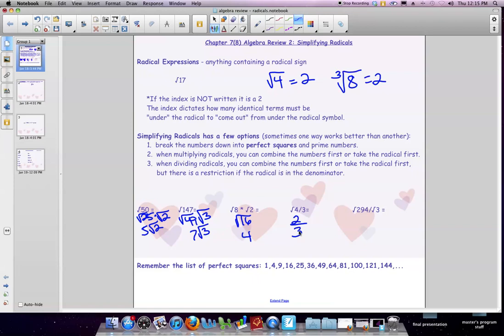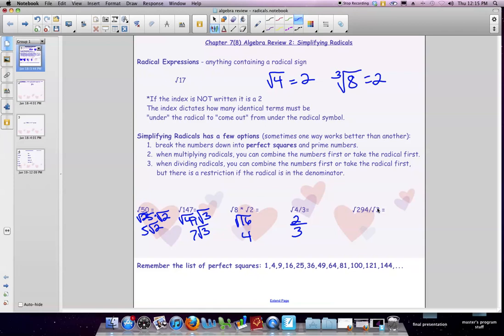That would be as simplified as it can get. But in this case, I wouldn't want to put anything together. Not that I could, because one's under the radical sign and one's not. But that's the kind of thing that you have to be aware of. Sometimes it's better to put them together. Sometimes you have to do the radicals separately and then do the rest of the problem.